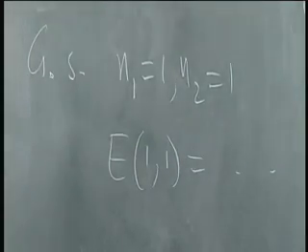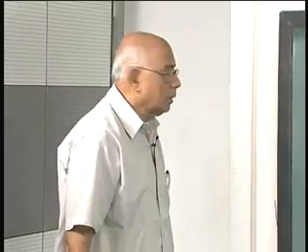Is the first excited state degenerate? Yeah, could be either n1 is 1 and n2 is 2 or vice versa, so it is doubly degenerate. There is a degeneracy in this. What about the second excited state? Two 2.